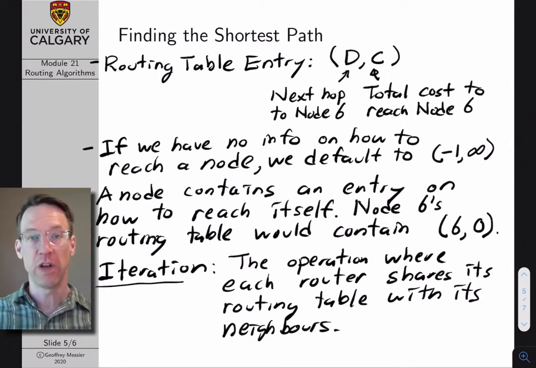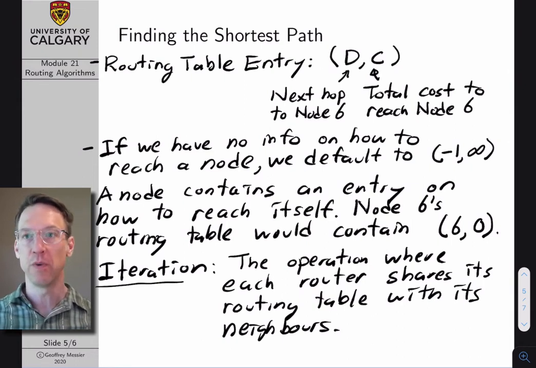Specifically, each router is going to share its routing table or its routing information with its neighbors.